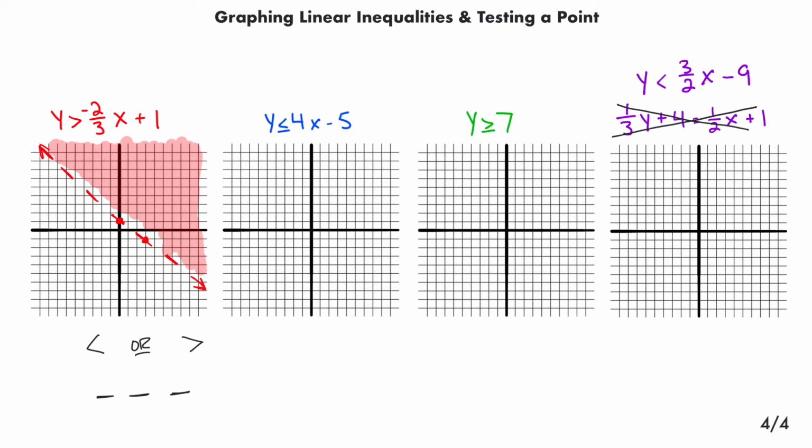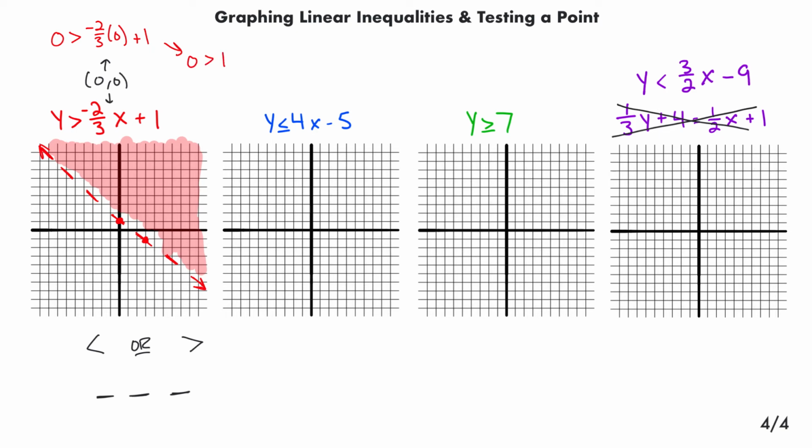Because my line does not go through the origin, one thing I could do is plug 0, 0 into this function. If you do that, you'll get 0 is greater than negative 2 over 3 times 0 plus 1, which would turn into 0 is greater than 1.